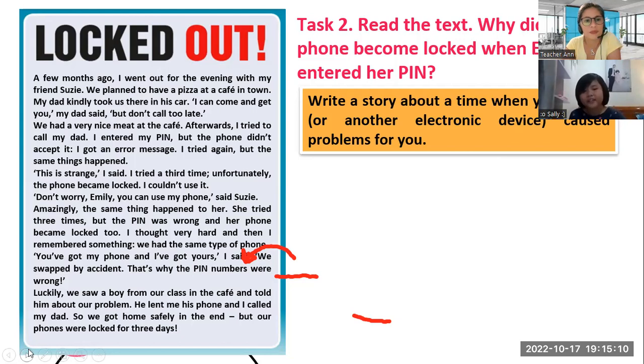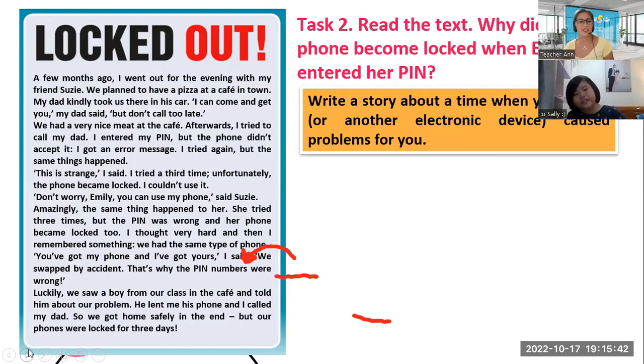Afterwards, I tried to call my dad. I entered my PIN, but the phone didn't activate. I got an error message. I tried again, but the same thing happened. This is strange, I said. I tried a third time. Unfortunately, the phone became locked.